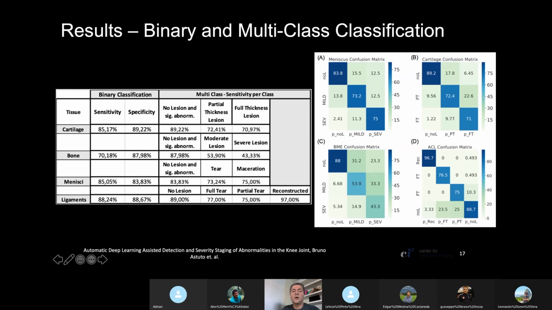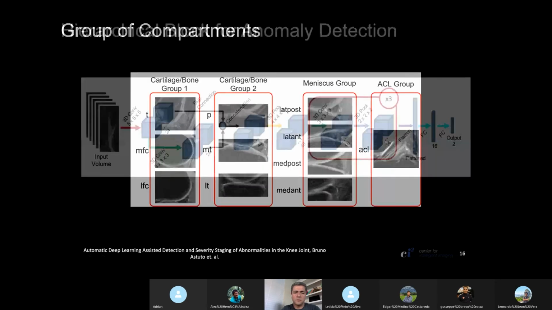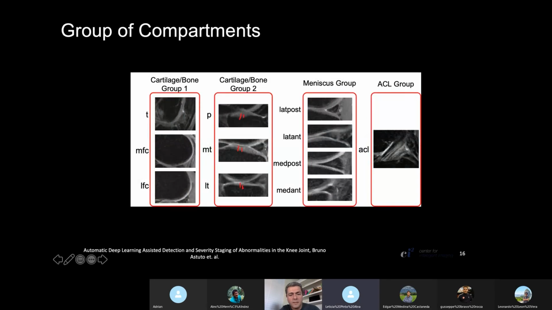One of the reasons we do not have a very good accuracy for bone is exactly the problem that we were talking about, the cropping part. I use the same cropping box that I used for the patella here, for example, for bone.